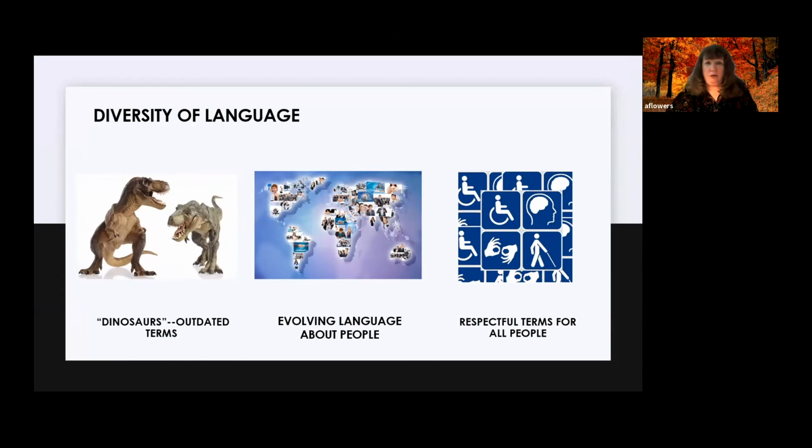But language evolves, and I do focus on contemporary language that treats people with respect, with dual heritage, race, ethnicity, gender, sexuality, nationalities, as well as address areas of disabilities, addictions, and mental illnesses.